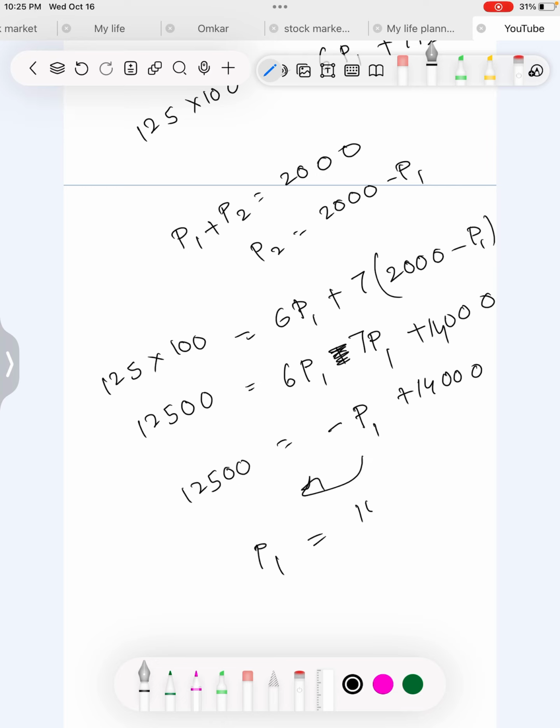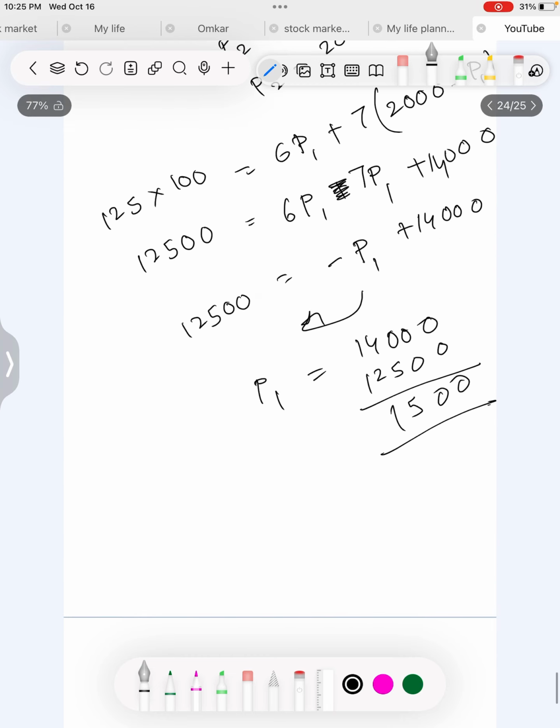P1 equals 14,000 minus 12500. In this way you got 1500 is invested in 6%.